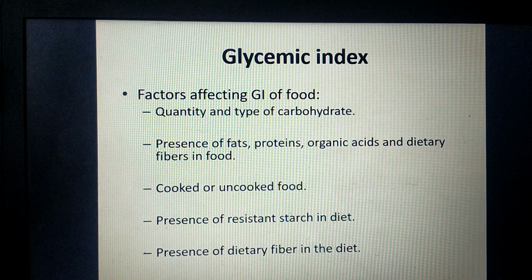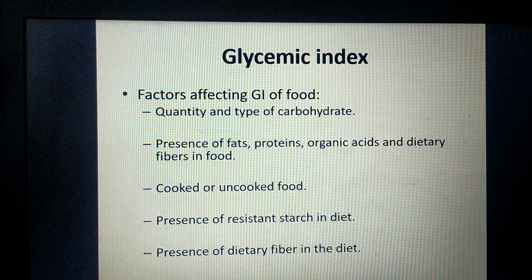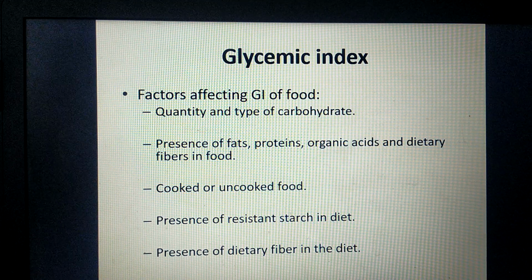Now the factors affecting glycemic index: quantity and type of carbohydrate. It is the most important factor. In the calculation of glycemic index, we have limited our quantity to 50 gram, but during our routine diet this quantity matters. If you take a large quantity of carbohydrate in the diet, your glycemic index will be high.